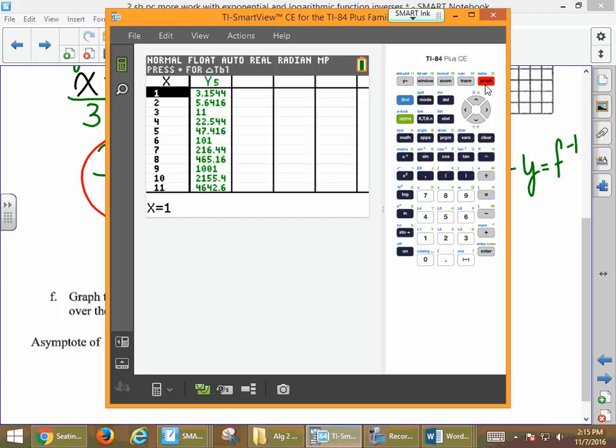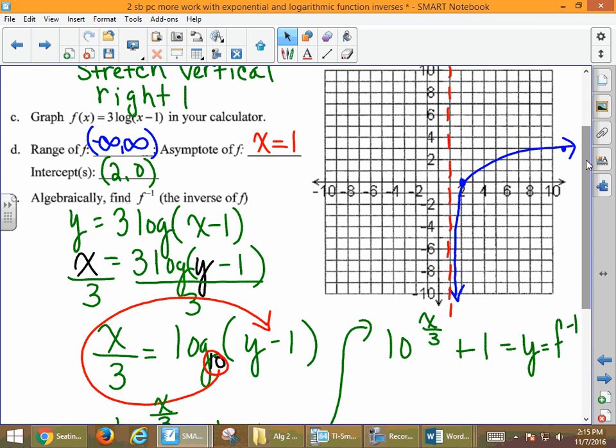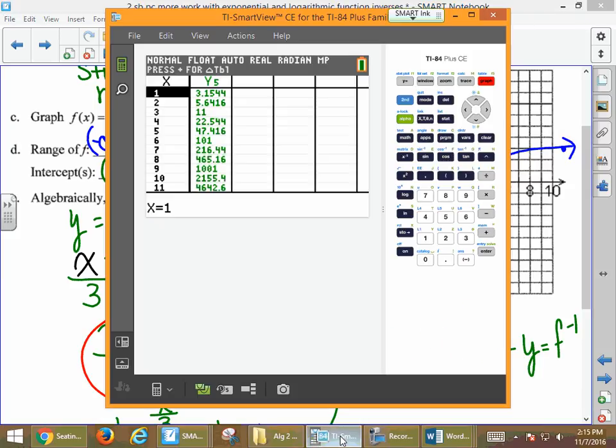And remember what we just did. We just found the inverse. So on our blue graph, we have the point 2, 0. Even though I can't see it on my table right now, I'll pull it up in a minute, we can have 0, 2, because we switched the x and the y. One of the values that I can see right now is this 3. So there's the 0, 2. But we also have 3, 11, which we had as 11, 3 in our blue function.